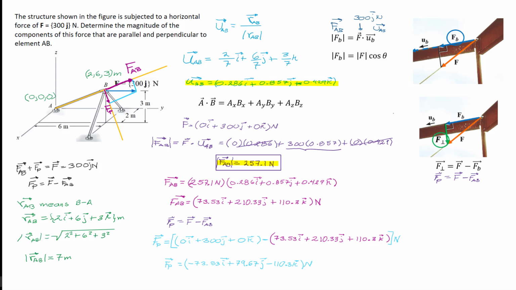But actually, the problem is not asking for the Cartesian vectors. It's asking for the magnitude of the components. So the next step is to calculate using Pythagoras, and it's going to complete my problem. Let's do it. The magnitude of FP is equal to the square root of the summation of every single element squared.